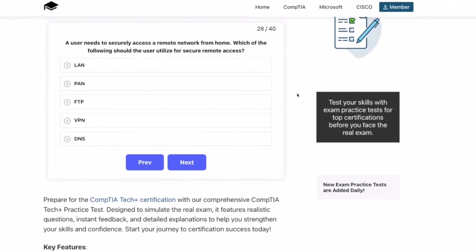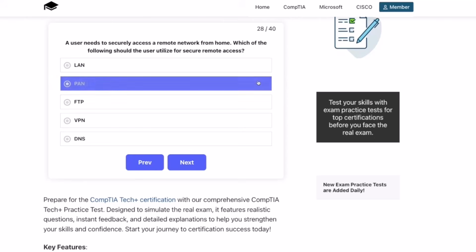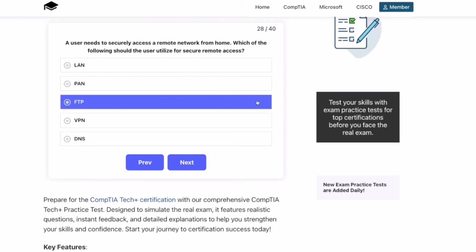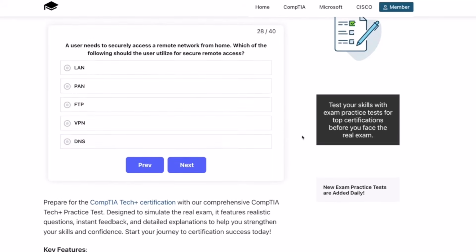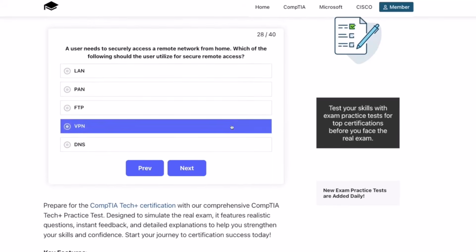Next question. A user needs to securely access a remote network from home. Which of the following should the user utilize for secure remote access? LAN, PAN, FTP, VPN, or DNS? The correct answer is VPN.